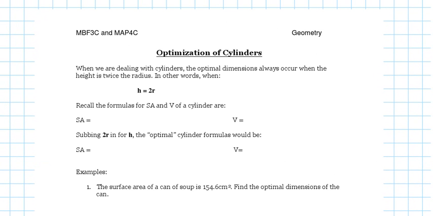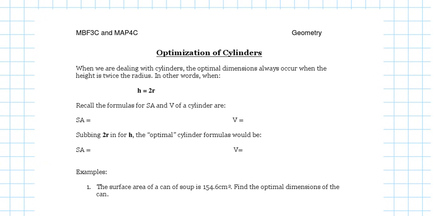If you make your height shorter than the diameter, it's still going to work, but it's not going to give you the optimal shape. So for the optimal shape, my height is twice the radius.